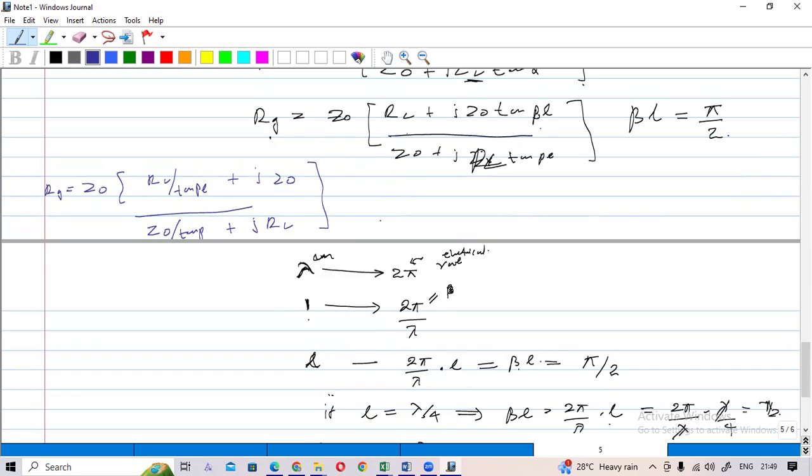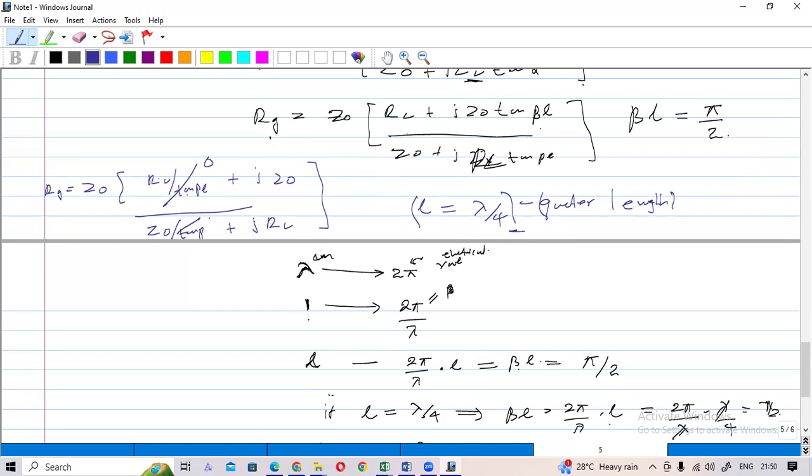If you select L as lambda by 4, we call this the quarter length, a quarter of the wavelength. Then tan beta L will be infinity, so some value divided by infinity will be 0.